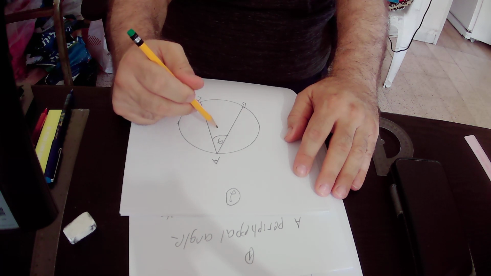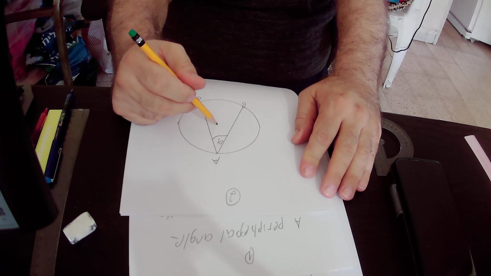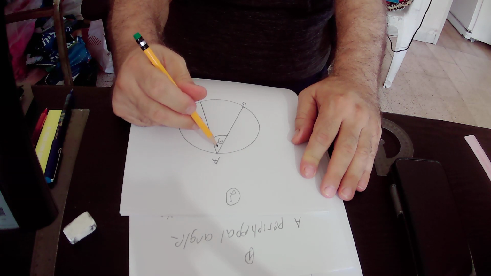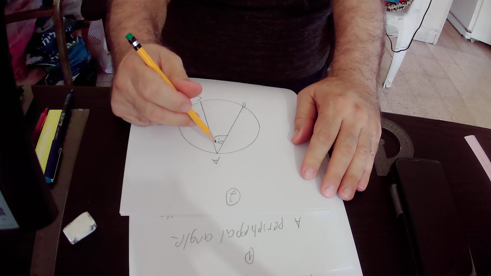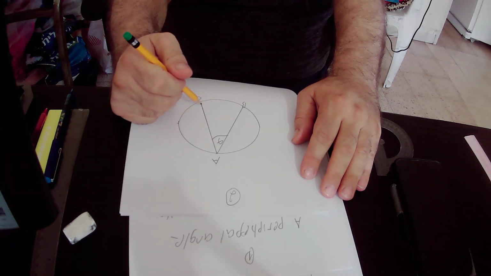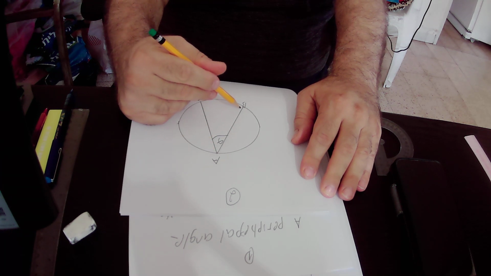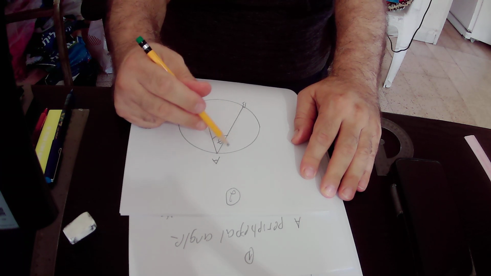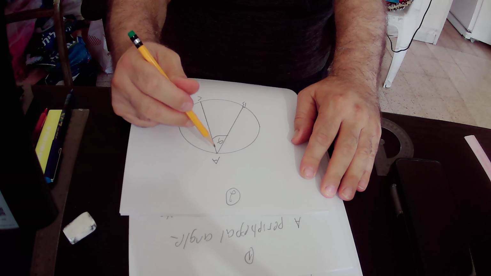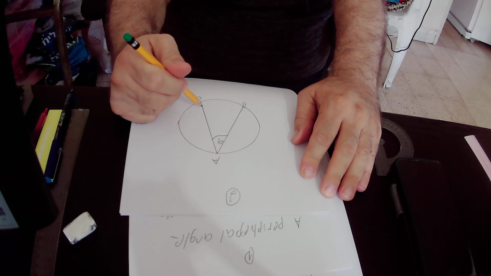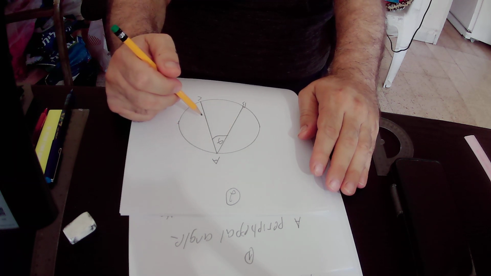So alpha is defined as a peripheral angle because its vertex is at point A, a point on the circle itself, and its curve AB is a string in the circle, and curve AC is also a string in the circle.